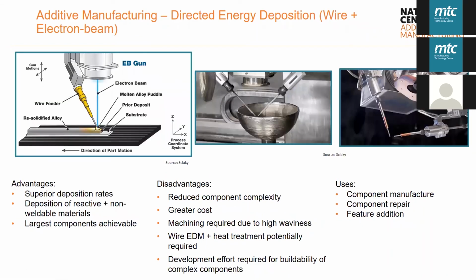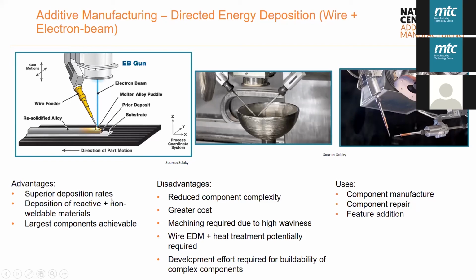I'm going to move on to wire electron beam DED. This is a process, again quite widely used in industry, which uses an electron beam instead of a laser or an arc or TIG or MIG to essentially weld the wire strategically, following a toolpath. Again, most of the time it's driven by gantries and robots.